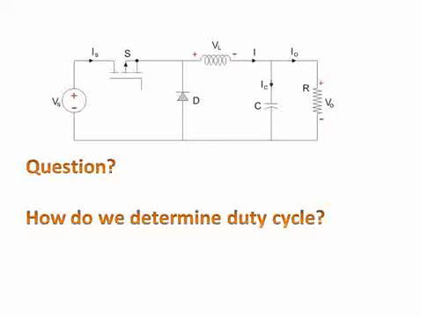Now, we said that for a 12 to 5 volts or 9 to 5 volts regulator, we will have a duty cycle variation at a constant frequency. But the important point is, how do we generate the duty cycle? How does it get generated internally? That's the major question, and that's the entire point of the discussion we are going to have.